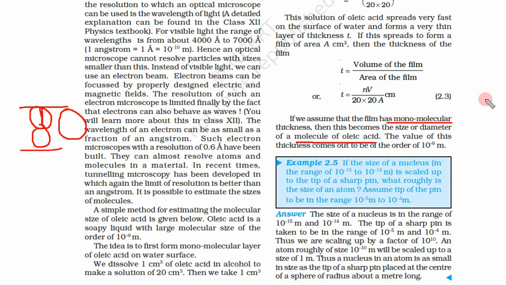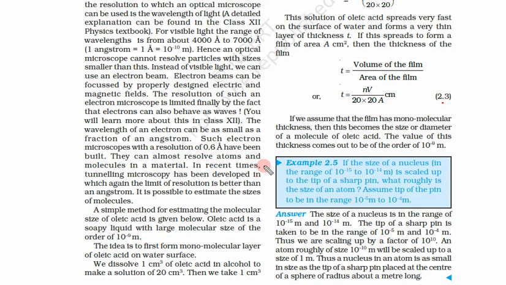So this is our assumption, that after spreading so much, the film has become a single layer. So in this way we learned how to measure the thickness of a molecule of oleic acid, but this is not a very good method because there can be 2 layers, 3 layers, but in this example we have assumed that there is only one layer.